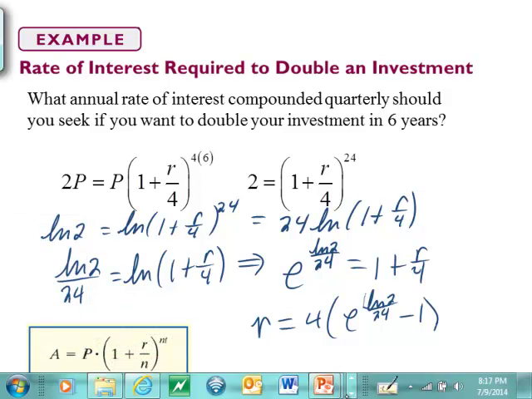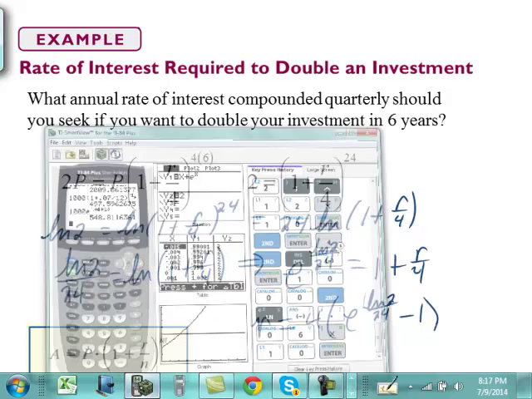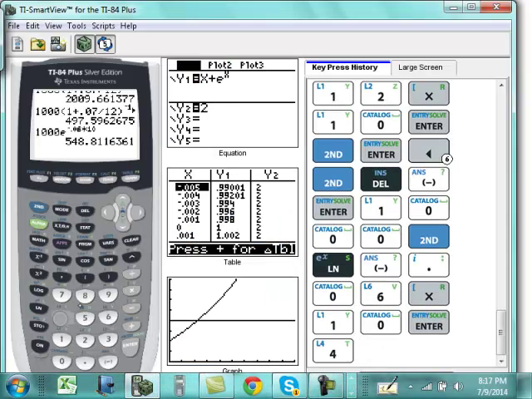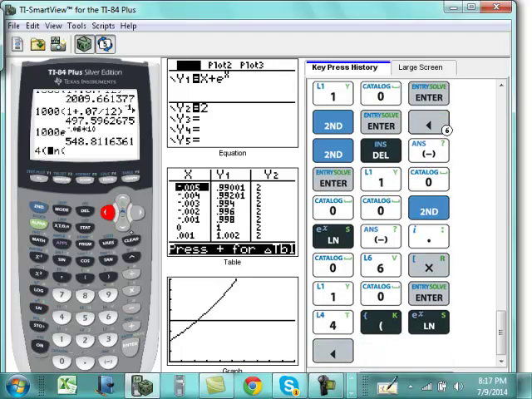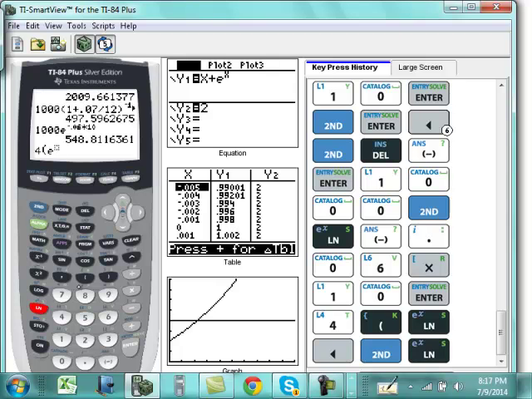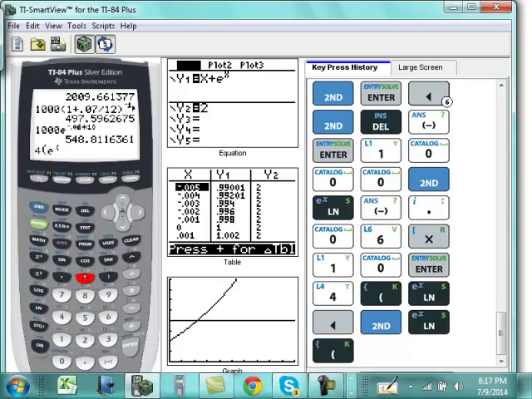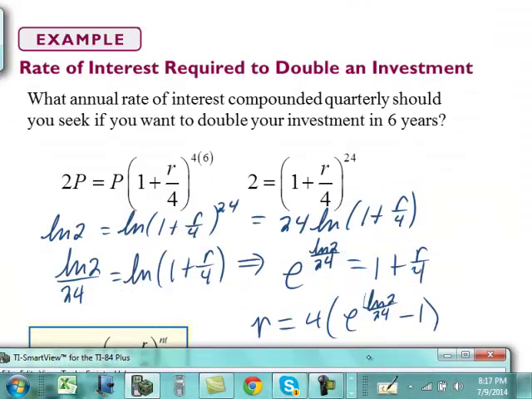So I'll pull out my calculator here. Help me out in case I forget something. So I'm going to do 4 times exponential, and in parentheses, I'm going to do, what was that? Natural log of 2.